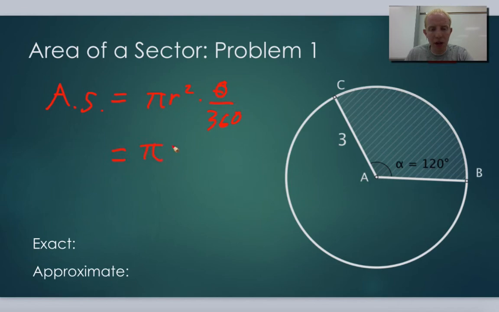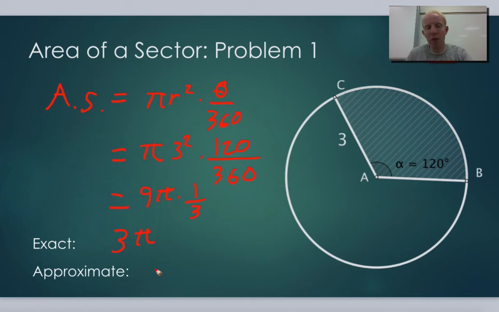So we get pi times 3 squared times 120 over 360. Okay, so we square 3, you put that in your calculator, you get that's equal to 9 pi. And 120 over 360, if you simplify that out, is equal to 1/3. Okay. 9 divided by 3 is going to give us 3, so our exact answer is 3 pi. So that area of the circle is exactly 3 pi.